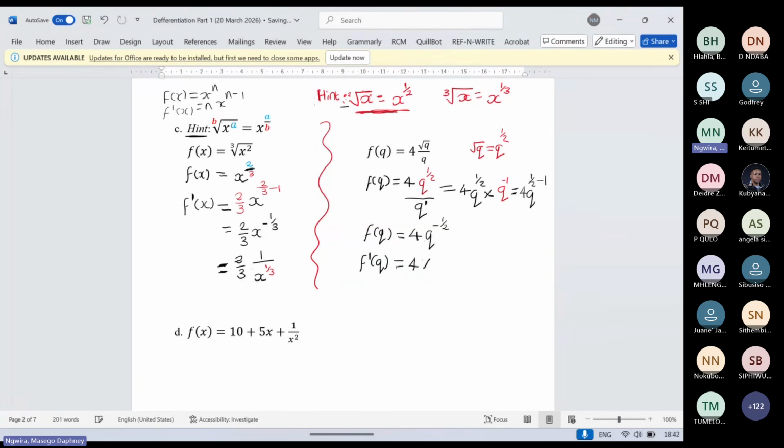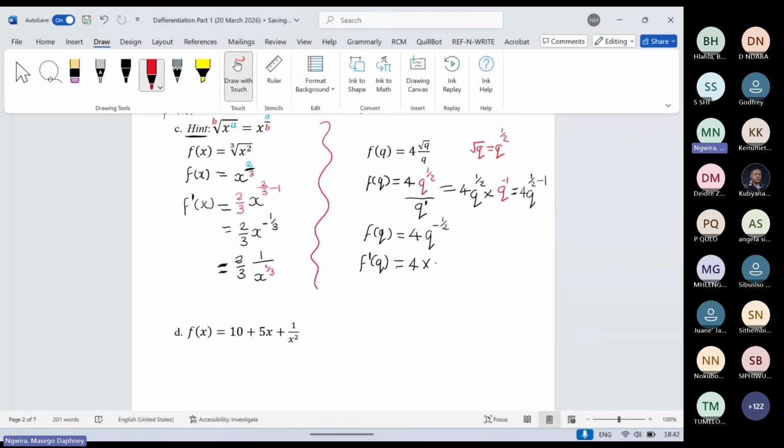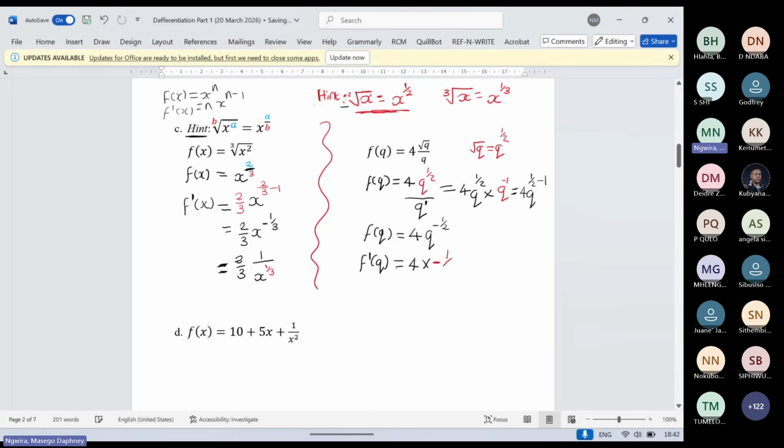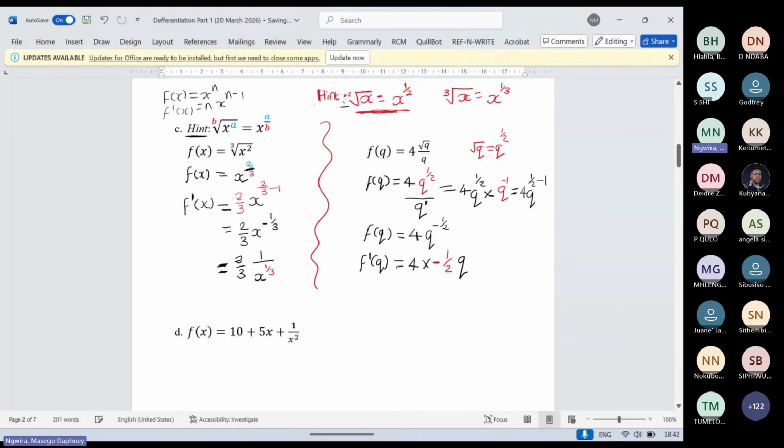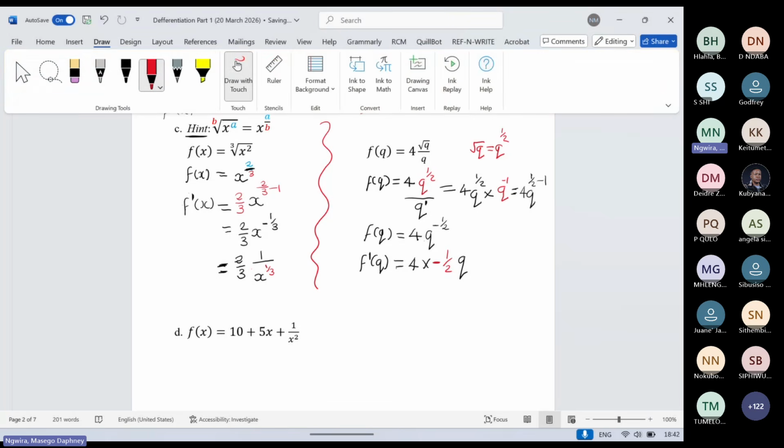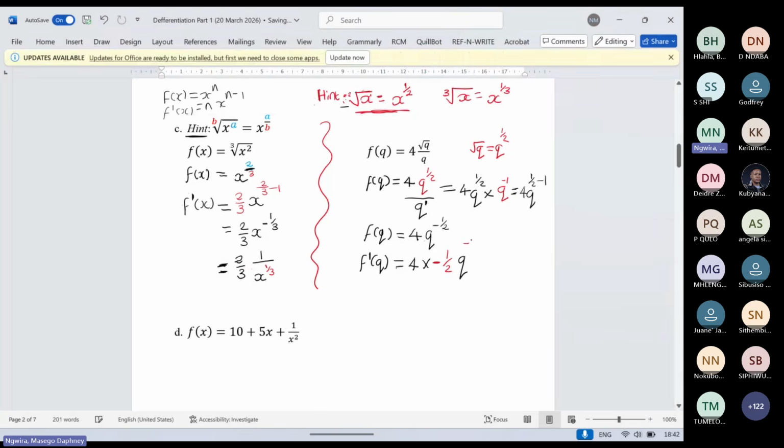Then we multiply by this negative 1 over 2. And then it's q, and after that we're going to say negative 1 over 2 minus 1. We are doing the same thing over and over again.